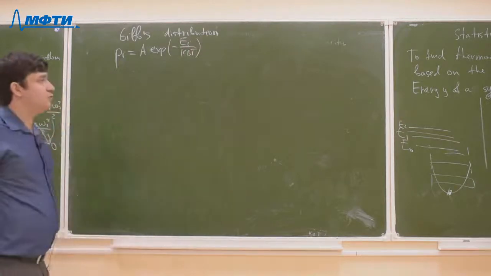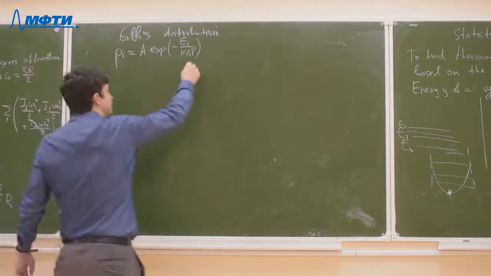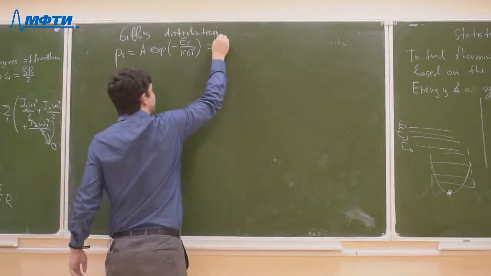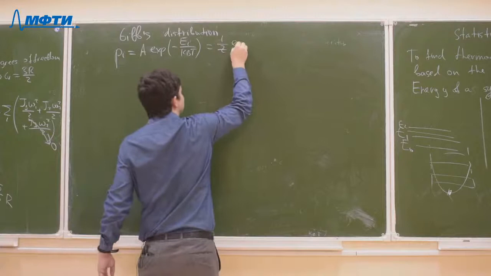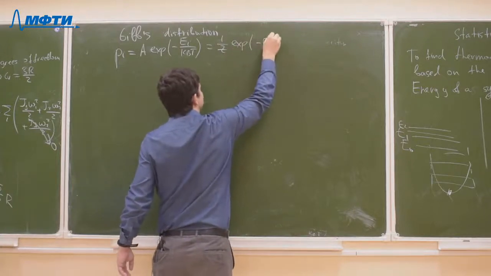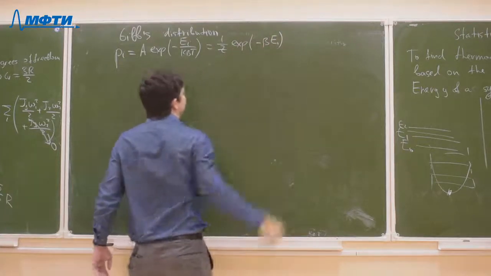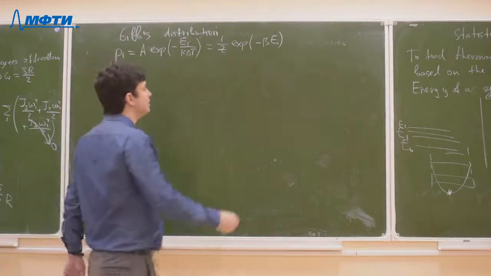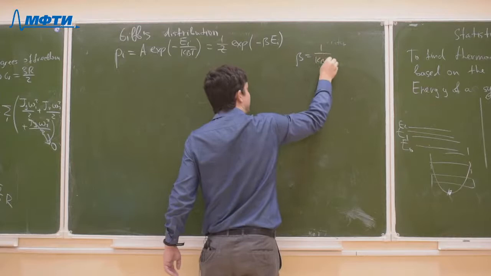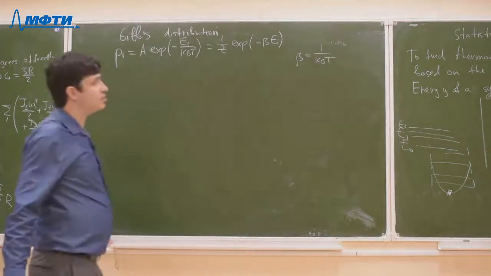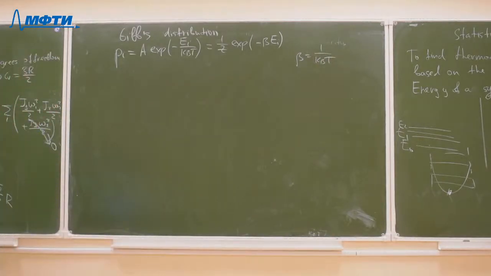In statistical physics, typically, instead of this, it's written as 1 over Z multiplied by exponent minus beta Ei, where beta is 1 over kBT, the inverse thermal energy.